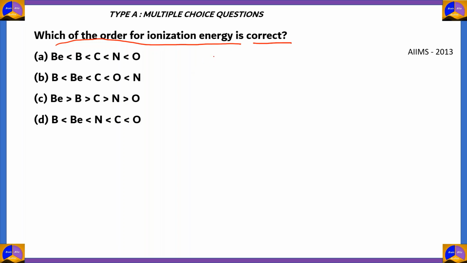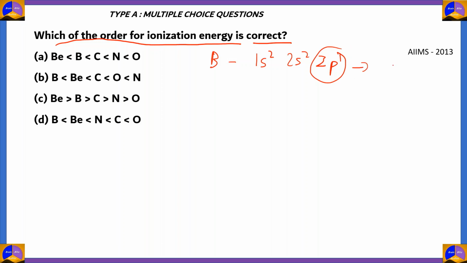When it comes to boron, the electronic configuration is 1s2, 2s2, 2p1. If you remove the electron in 2p1, then it would have 1s2 and 2s2. That will be a more stable electronic configuration.